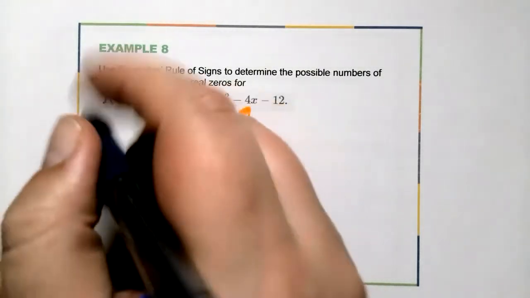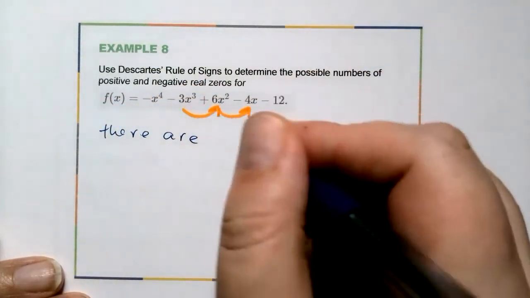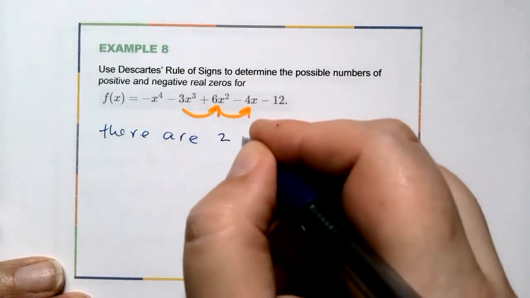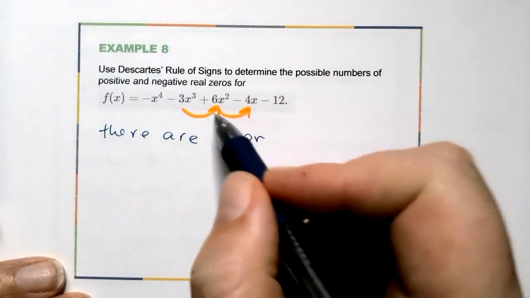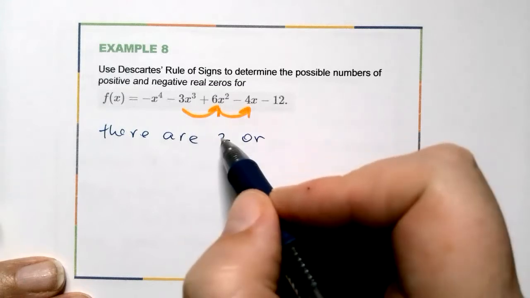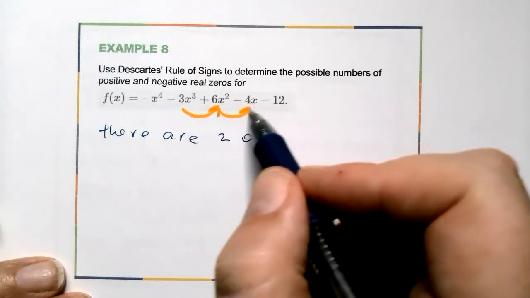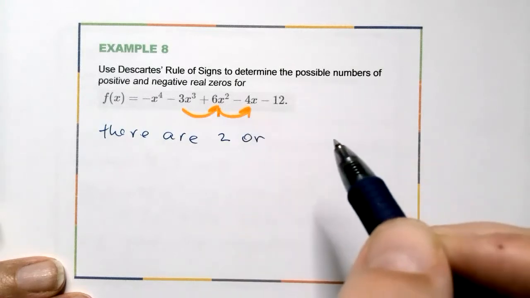So we're going to say that there are 2, or remember now, the theorem says that the number of positive zeros equals the number of sign changes, or less than that by an even integer.